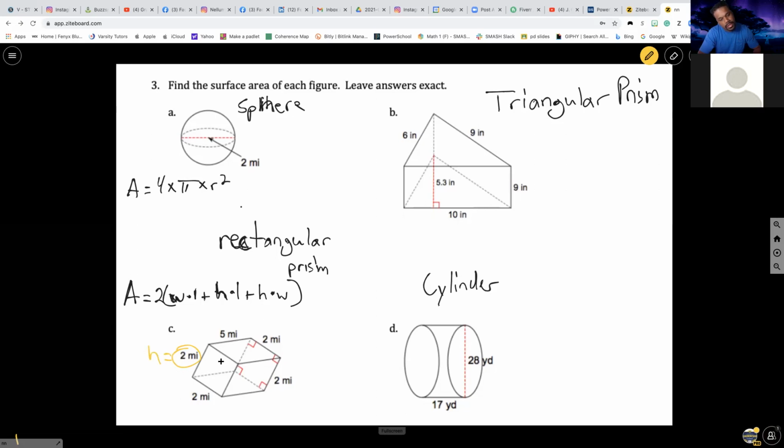That's actually the width, but it doesn't matter because they're both 2. Wait, no. Let me make sure. That is the width, and the other one is the length, and then this is the height. All right, and then you do the same thing for a triangular prism.